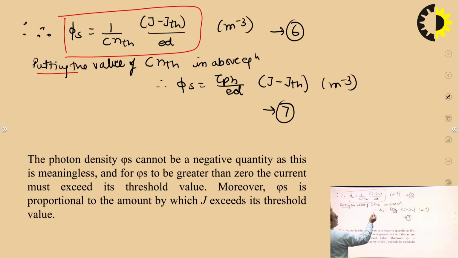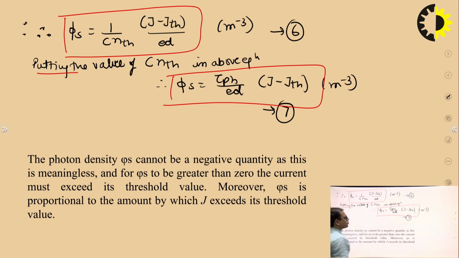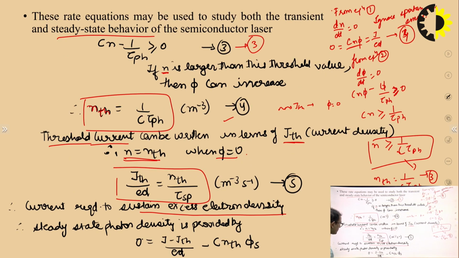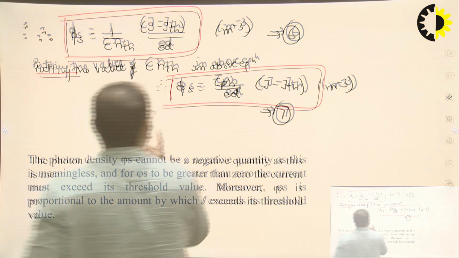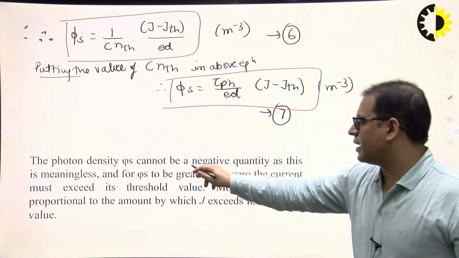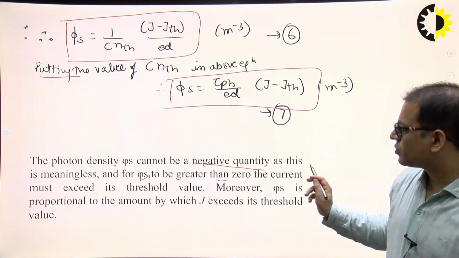You will observe that phi S comes out to be tau pH upon eD times J minus JTH. So the photon density cannot be a negative quantity, meaning phi S must be greater than or equal to 0.